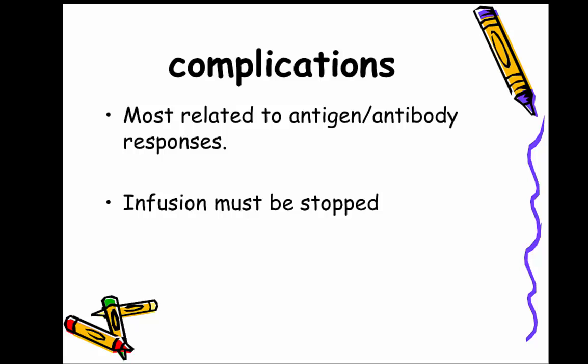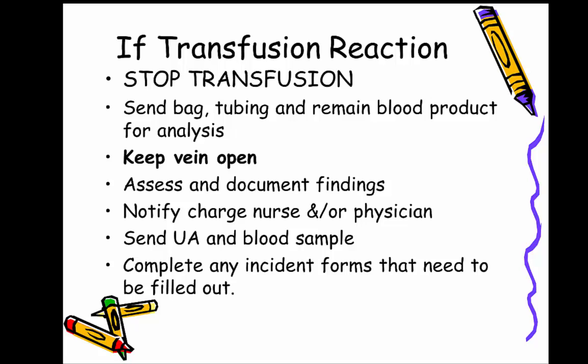So know that most complications are related to antigen antibody responses, and if a complication occurs, the infusion must be stopped. So if a transfusion reaction occurs, stop the transfusion. Generally, we send the blood bag, the tubing, and any remaining blood product for analysis.